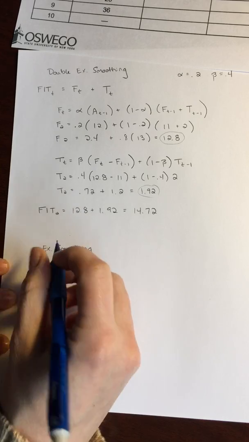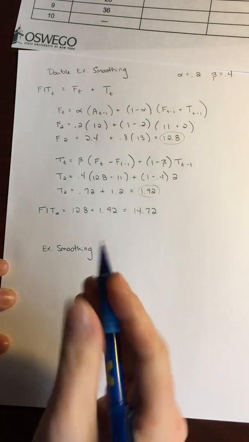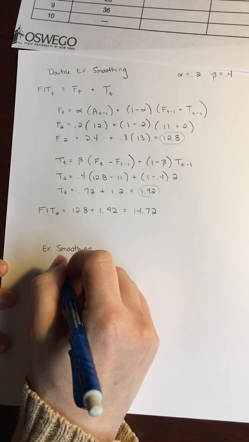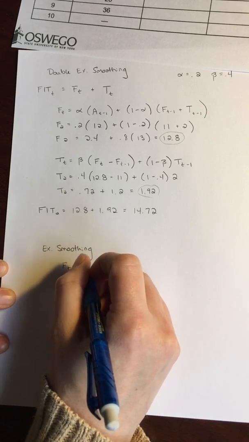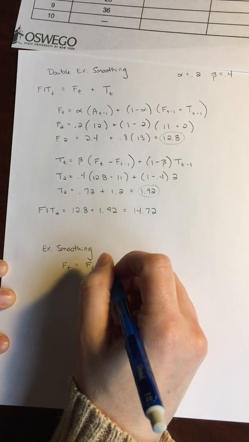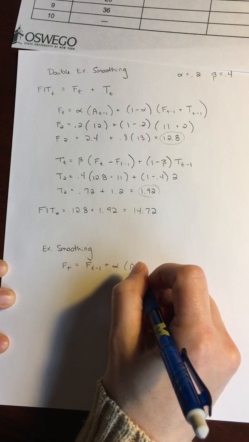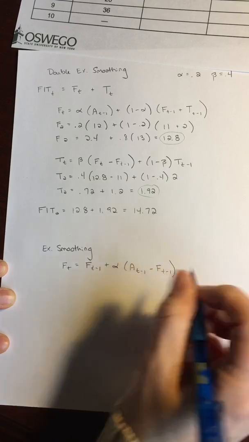So if you remember, the exponentially smooth forecast for just our regular model is going to be, let's see, our forecast for time period t is our forecast from the last time period plus our alpha value, all multiplied by the actual demand in the last time period minus the forecast in the last time period.